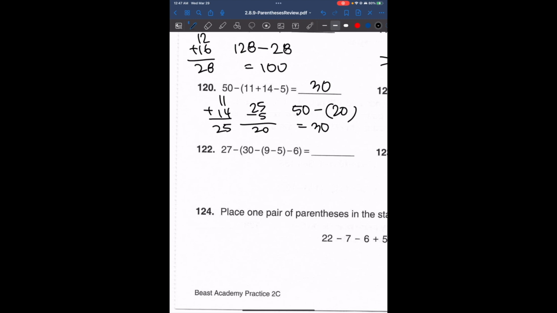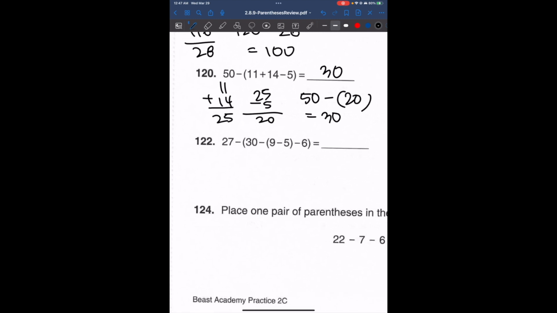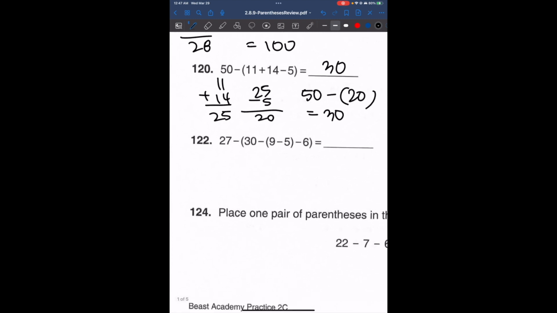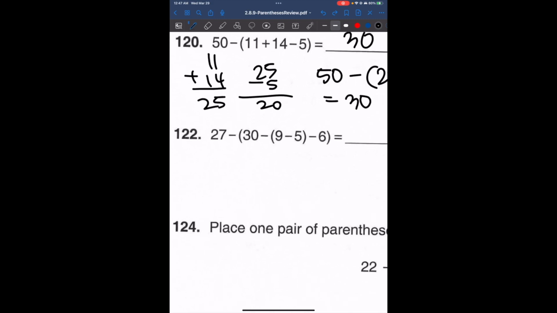Now we'll look at problem 122. We have double parentheses. In this case, the innermost parentheses is what we always do first, and then we work our way outwards. First we do 9 minus 5, which gives us 4. Then we do the big parentheses.